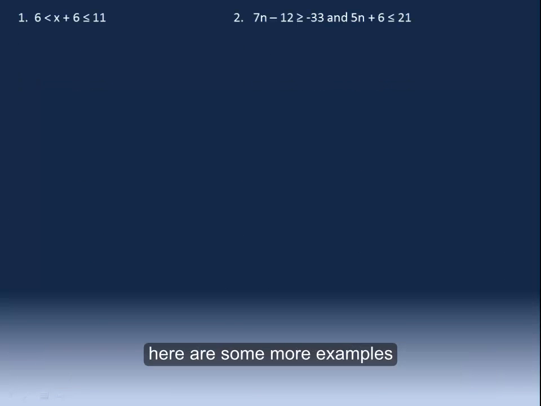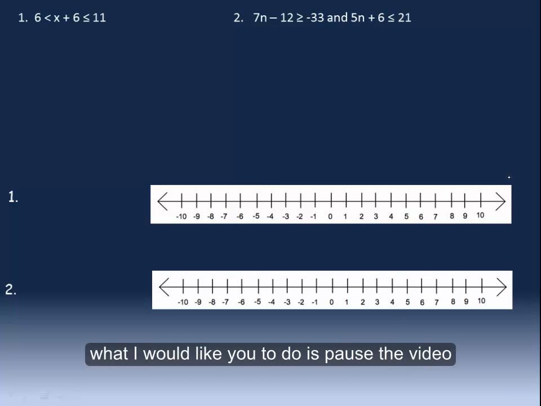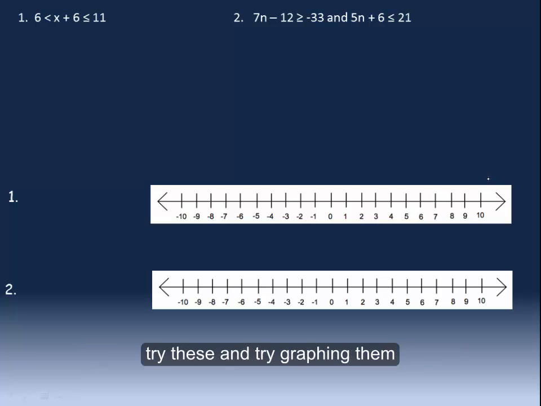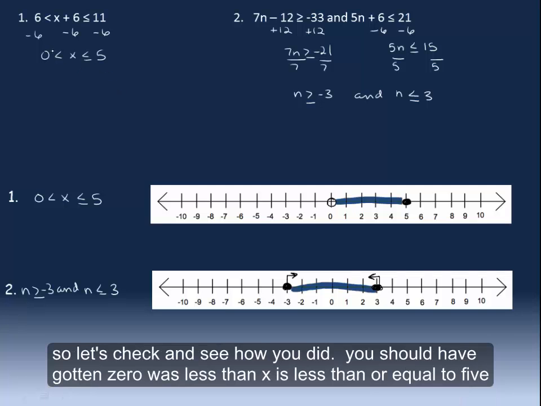Okay, here are some more examples. What I would like you to do is pause the video, try graphing them, and then when you're done, unpause the video and we'll go over them and you can look at your work. So let's check and see how you did.